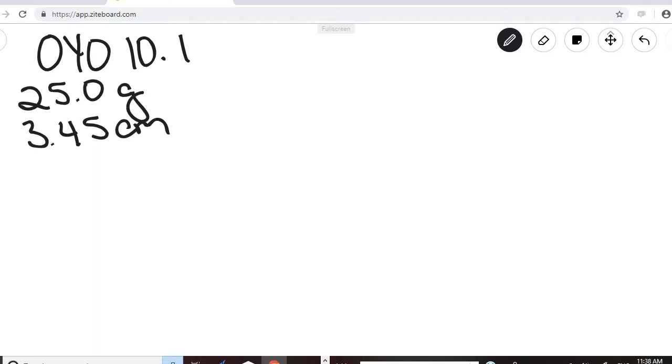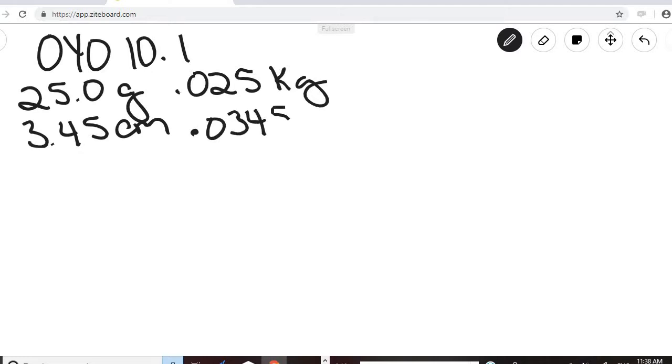So let's convert this to kilograms, and let's convert this to meters. And then we know that the object will be pulling down with the force of gravity, which is weight.